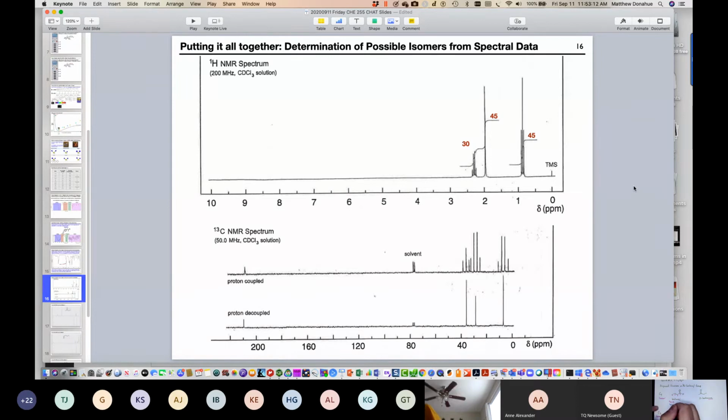So yeah, there's 4. We have 1, 2, 3, 4. So of the four sets, what is the ratio of those sets?